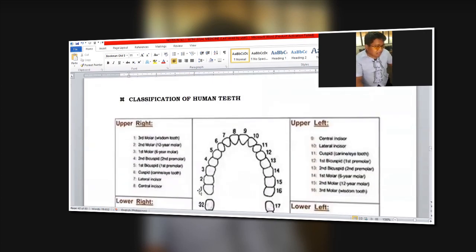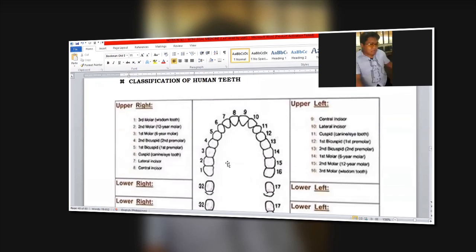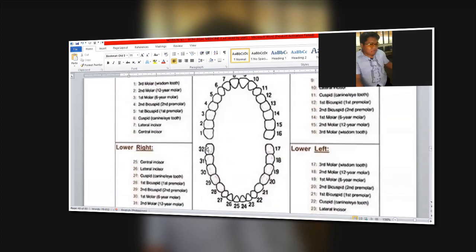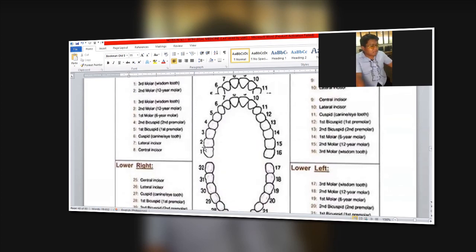Then, classification of human teeth. So, you should know this one. Ito yung normal teeth. Ang tao, normally meron siyang 32 teeth. So, let us divide them into 4: upper right, upper left, lower right, lower left.